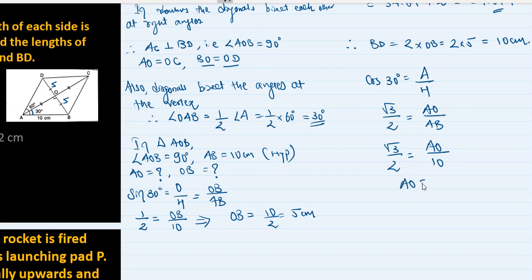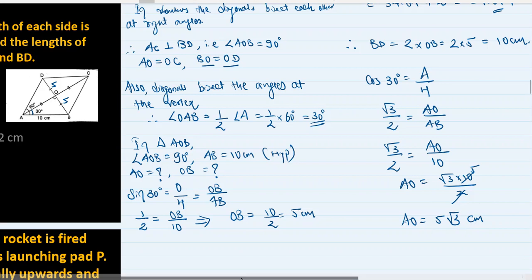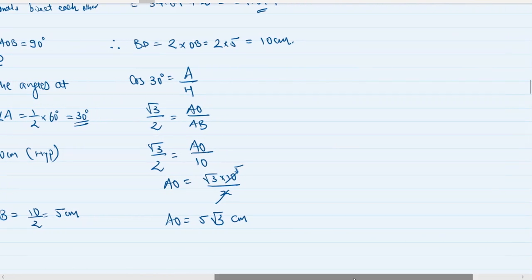So AO is equal to root 3 times 10 by 2. So AO is equal to 5 root 3 centimeters. Now if you multiply root 3 with 5, you will get the exact value of AO, but don't do that as of now.